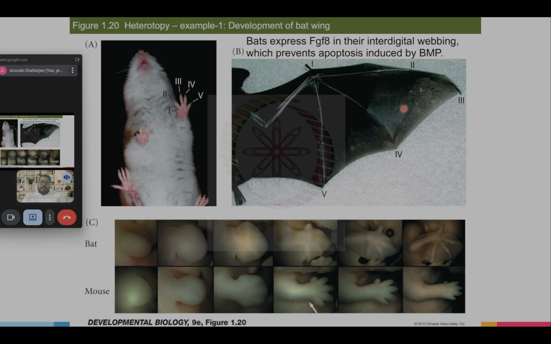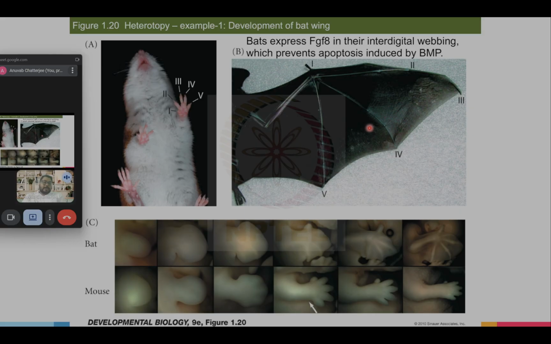Now this is a very prime example of heterotopy, because this dying of the interdigital mesenchyme in case of mice and humans as well occurs because BMPs are being expressed in this region, and that is why they die off. But in case of bats, the bats express another signaling molecule, FGF8, in this interdigital mesenchyme as well.